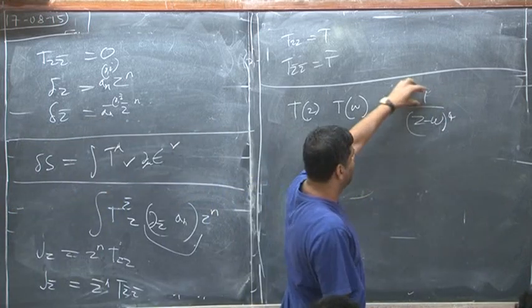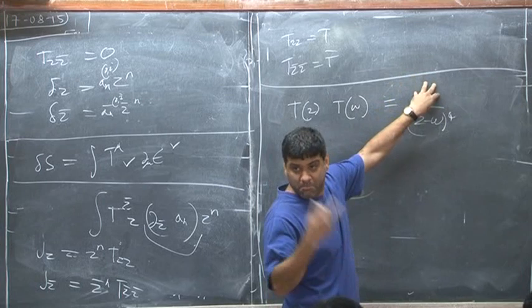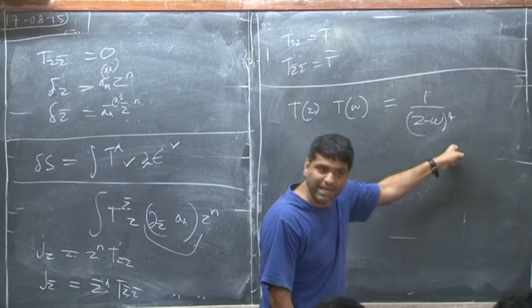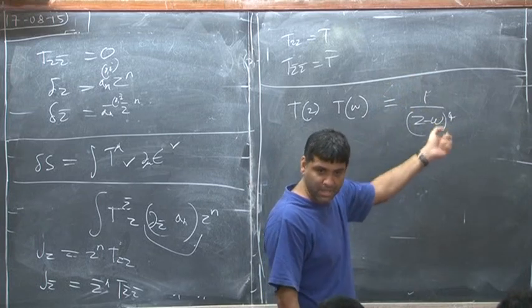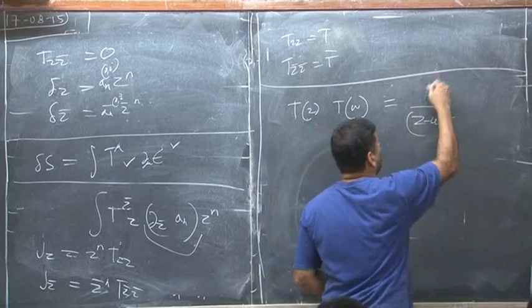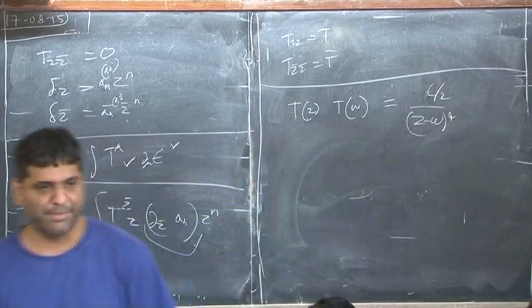Dimensions must match up. You couldn't have anything negative here because there are no operators of negative dimension. If you had something negative here, you could get a higher power here. That's not allowed. And if you have this power, this thing has to be proportional to the identity. So it has to be a constant. Whatever the constant is, we call it C of some number.